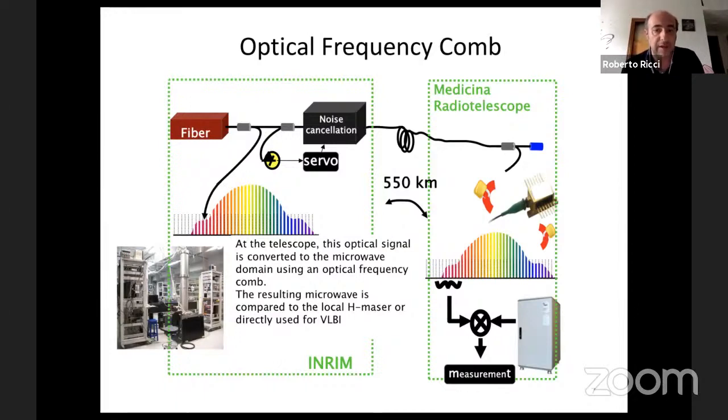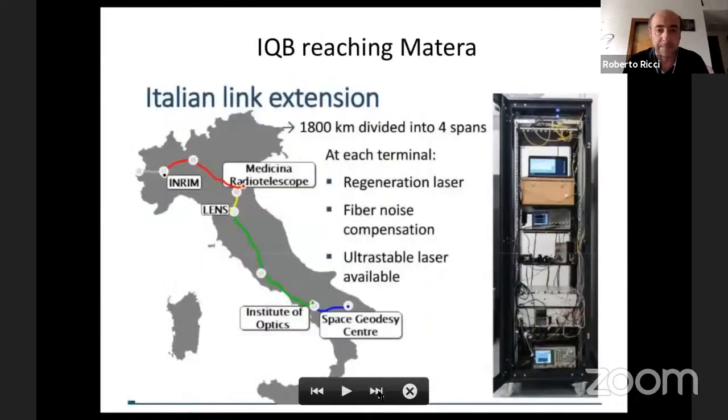So you can stream initially between Torino, INRIM Institute H masers, and Medicina station H masers, and then later to longer distances, a frequency reference that has an instability over 1,000 seconds of less than a part in 10 to the minus 19.